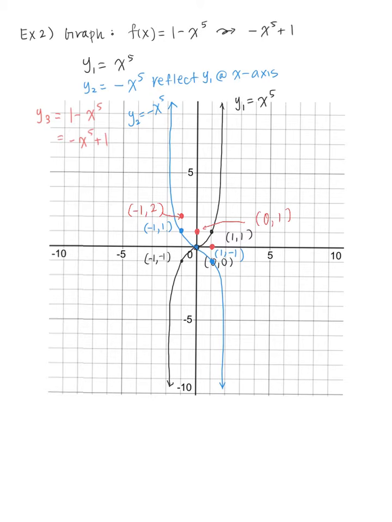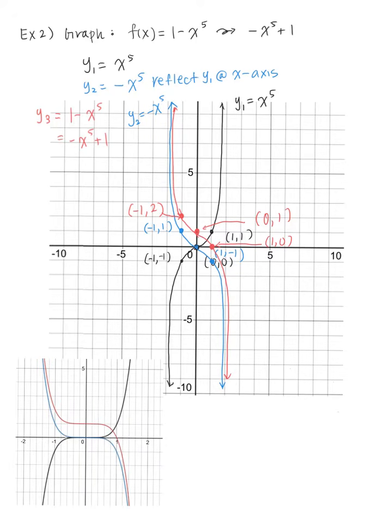So this is 1, 0. Okay, so let's graph this out. This is the best I can do. Okay, so that's the final graph, our y sub 3, which is 1 minus x to the fifth.